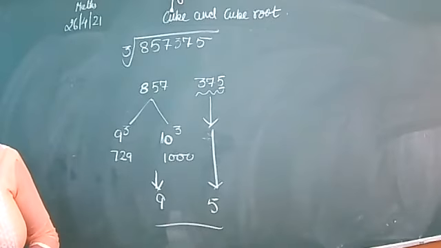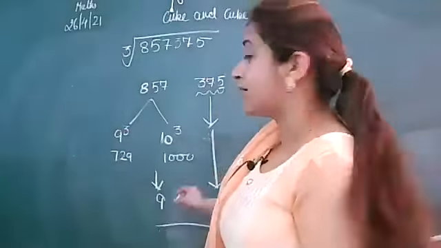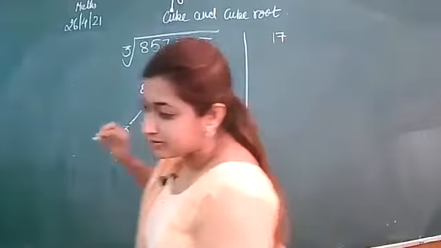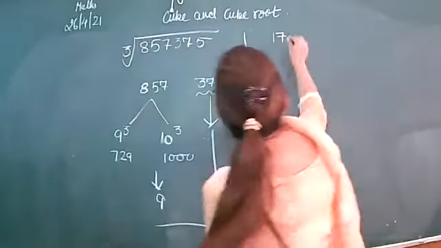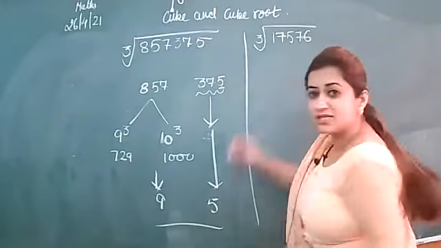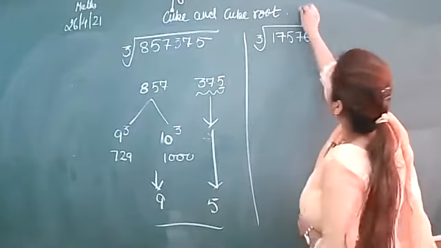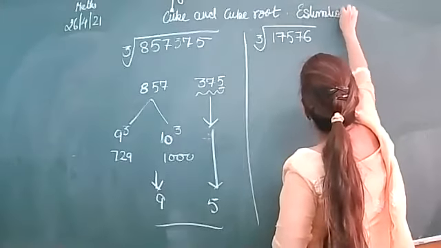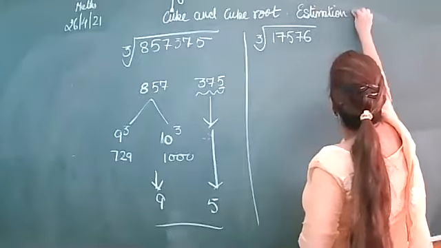Let's discuss one more number, one more part of the same. 1, 7, 5, 7, 6. Let's find the cube root of this number by the estimation method. We are discussing the estimation method.